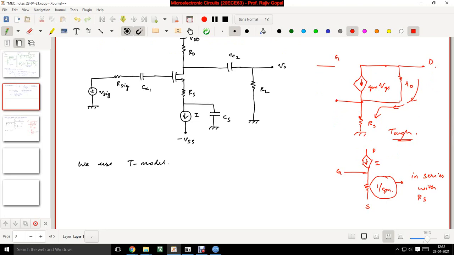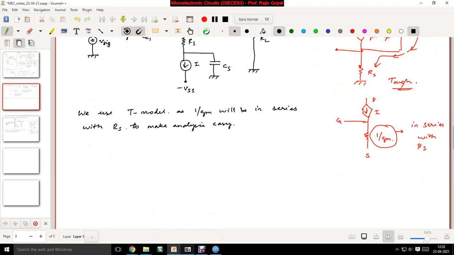That will make analysis simpler. So we use the T model, with 1 by GM in series with RS, to make analysis easy. So I'll replace that now.